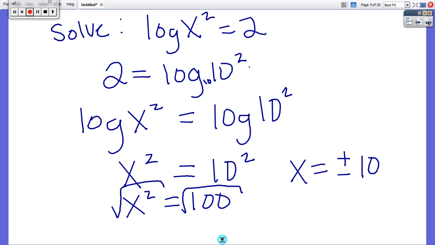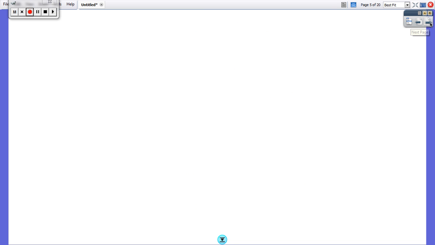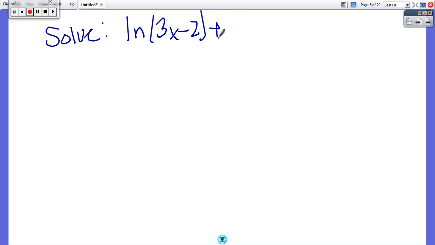And I have one more problem to solve like this, and then we're going to do some modeling problems. So the last one, you're going to use your calculator for this one. The last one is going to say solve ln of 3x minus 2 plus ln of x minus 1 equals 2 times ln of x.